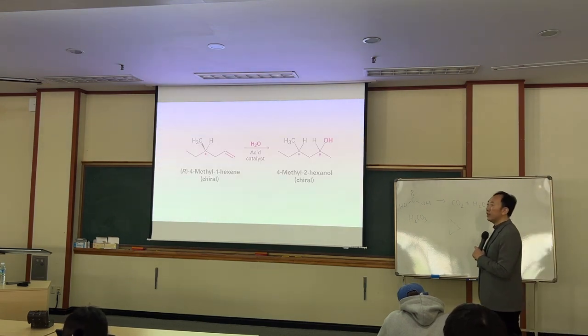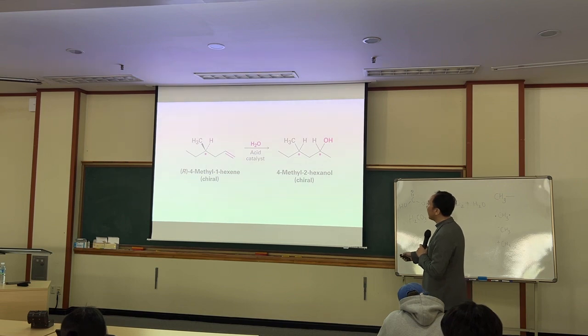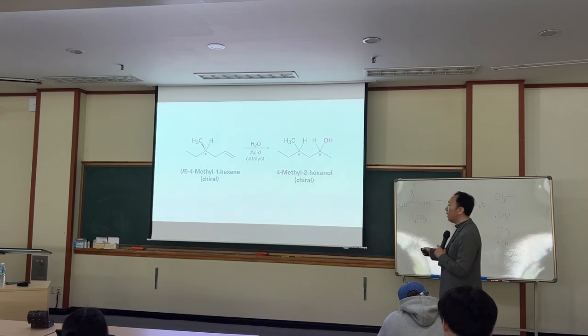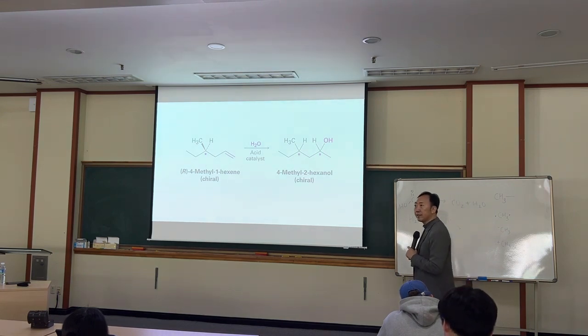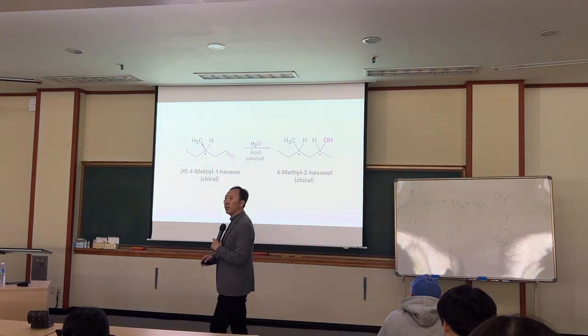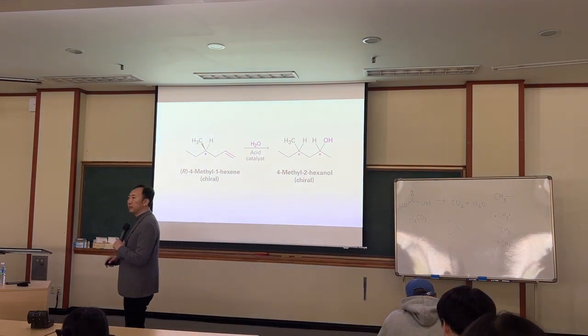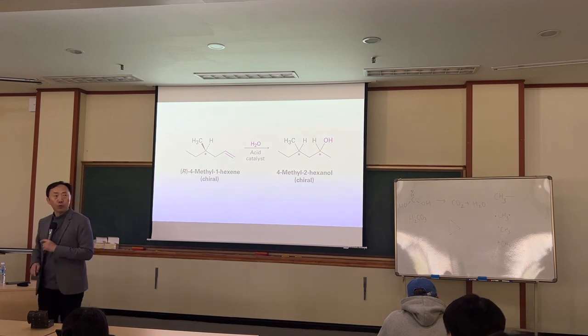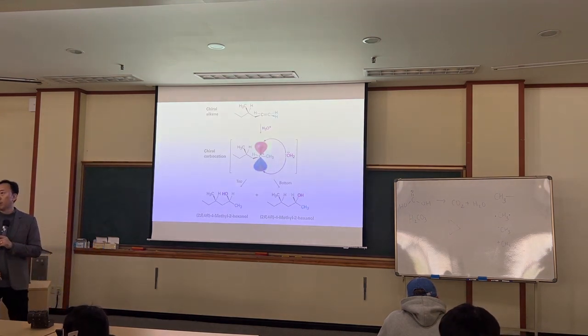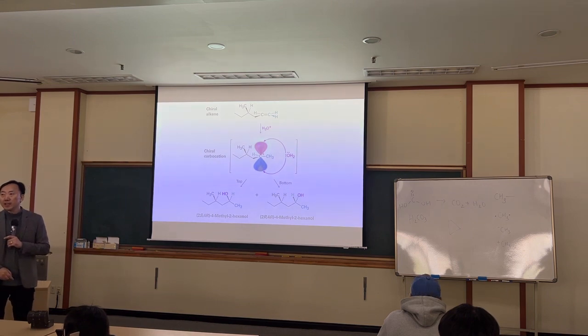In this case, if there is a pre-existing chiral center there, then we have one hydroxyl group here, and this position is fixed. It's the R configuration. But this position will be half and half, R and S. Right? Then those two products, what is the relationship of those two products? They are diastereomers. One is the RR and the other one is the RS. Diastereomers can be formed.